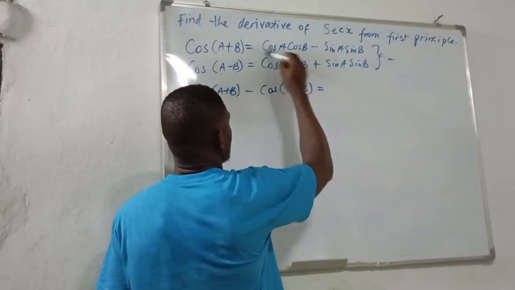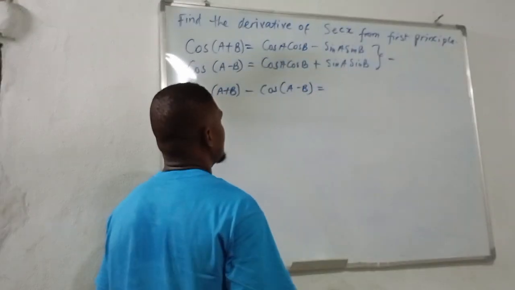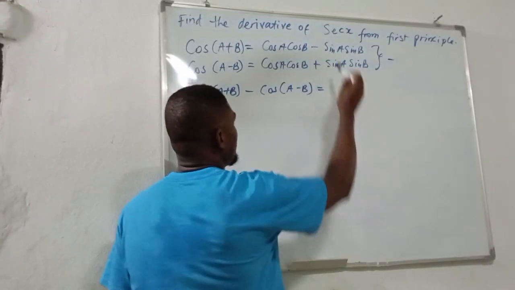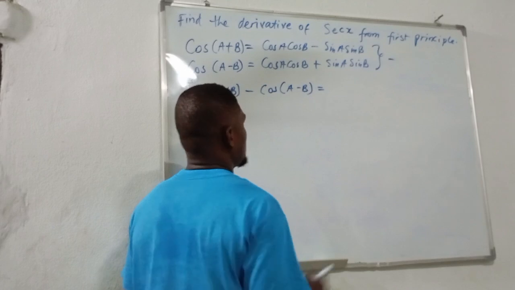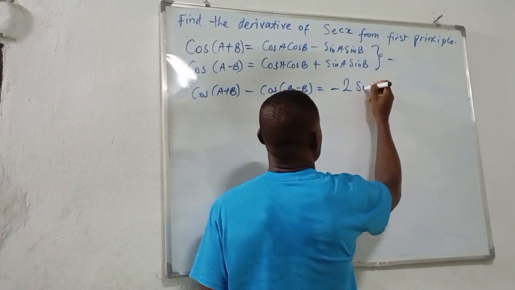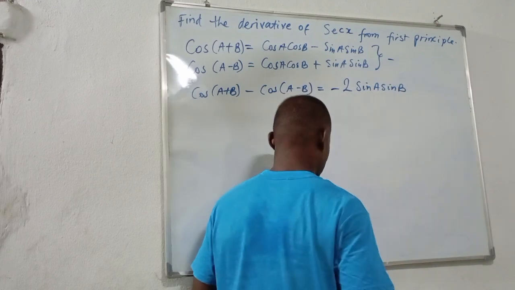Now we're going to have these minus these, which is the same thing, so it's going to give us 0. Then we have negative this minus this, which should give us negative 2 of these things, which is negative 2 sin A sin B.